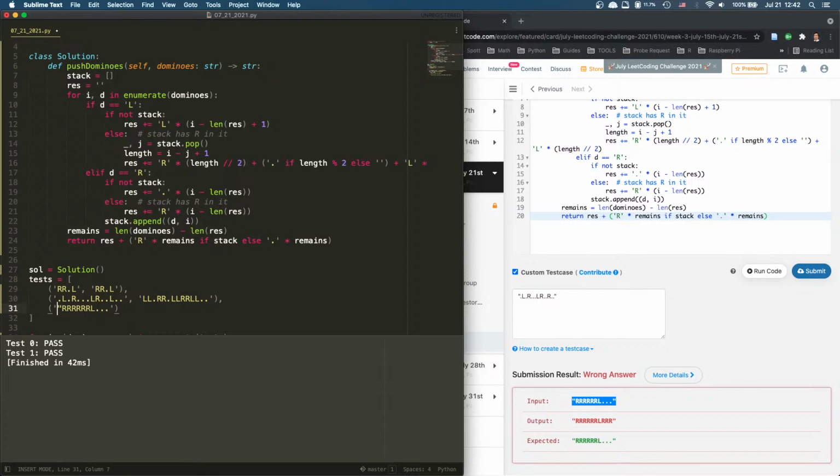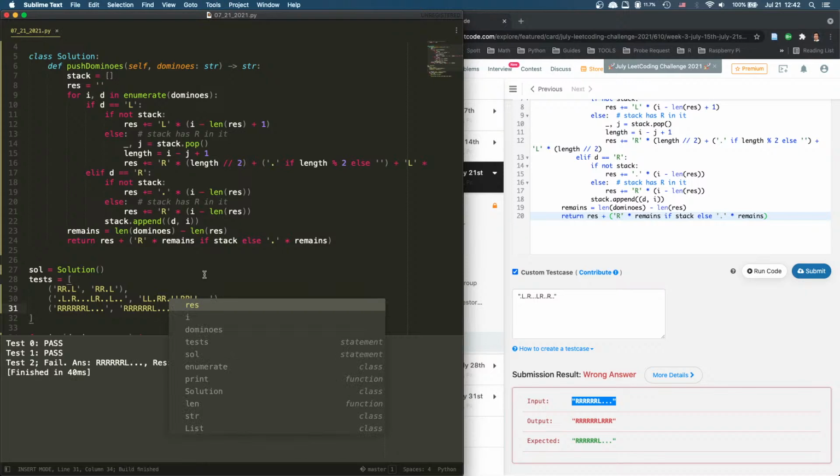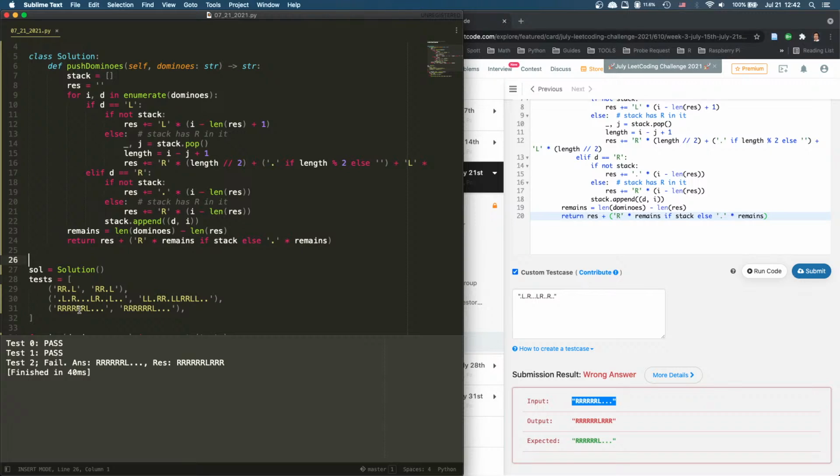So this answer should be the same, right, left. Yeah, the answer shall be exactly the same, but mine is not. So we push R, and it's all fine.